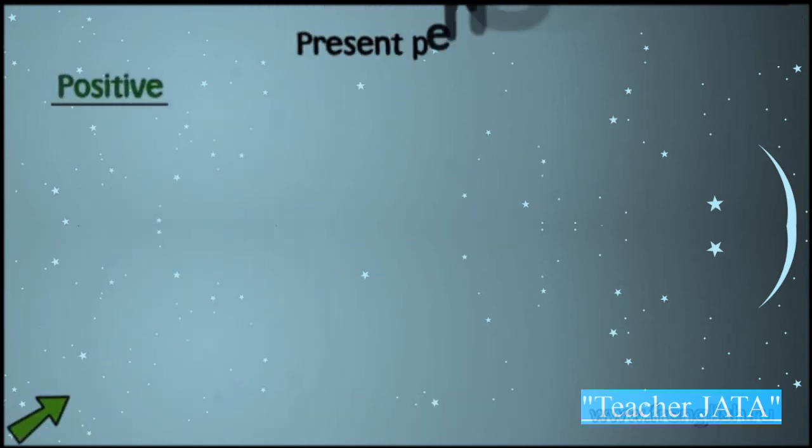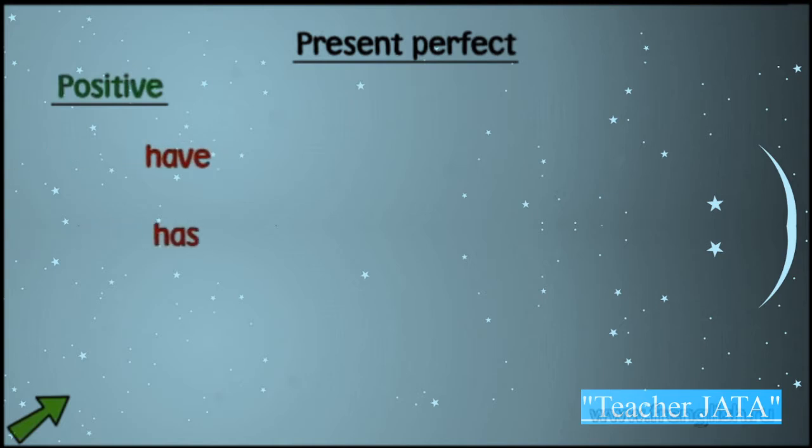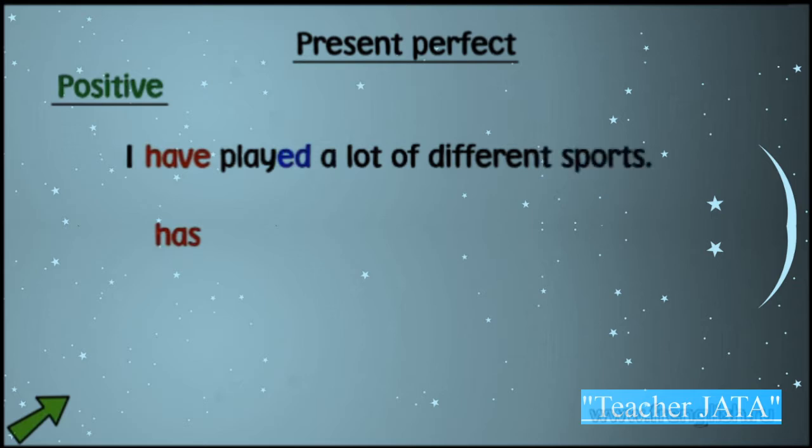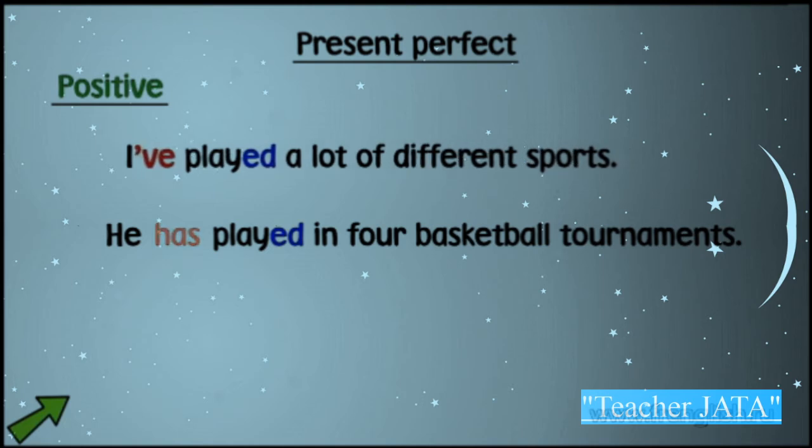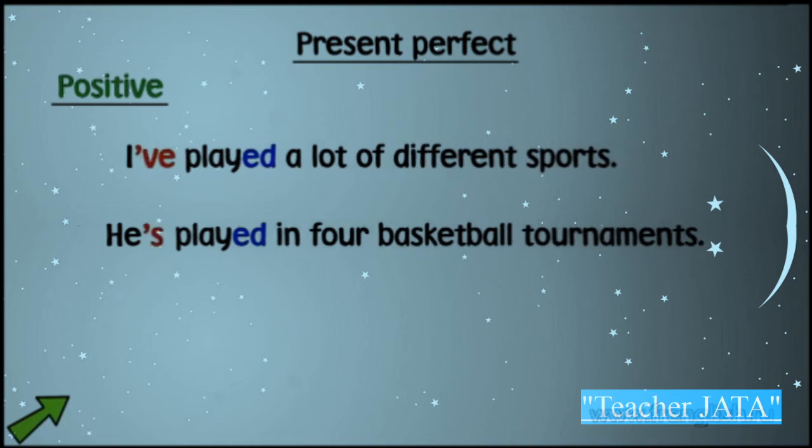We form the present perfect with have or has and a past participle. We often use short forms of have and has, especially in spoken English.